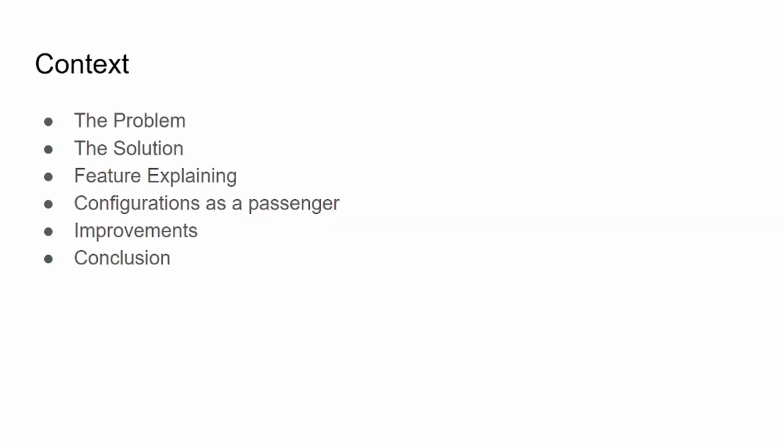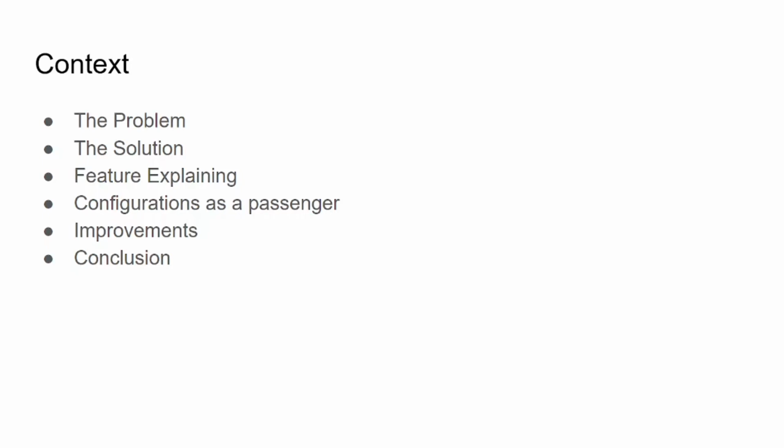So, as the context, I have these sections in this presentation. First I will talk about the problem, and then I will talk about the solution that I came up with, and then I will be talking about feature explaining, basically what kind of features we have in this application, in this feature.